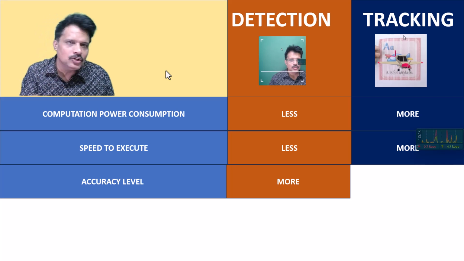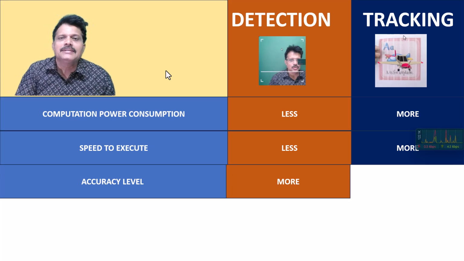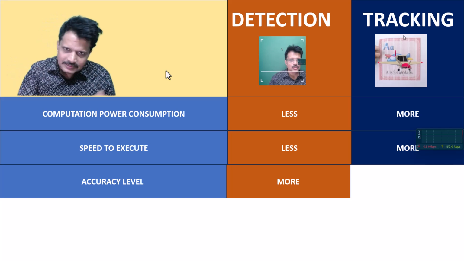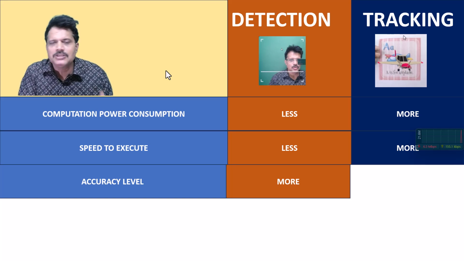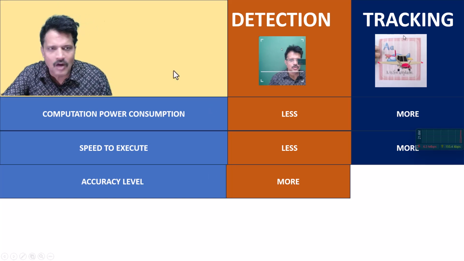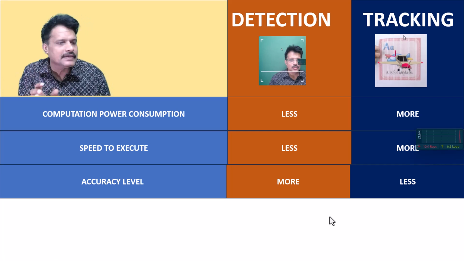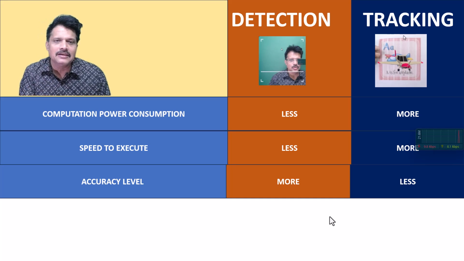In tracking, when you are moving the model, if by chance 4 or 5 frames get missed, you need not worry, because since it is continuously moving, if it misses some frames, it's not going to create much of a problem. So the accuracy level during tracking will be less. Since the accuracy level is less, the speed of execution will be more.